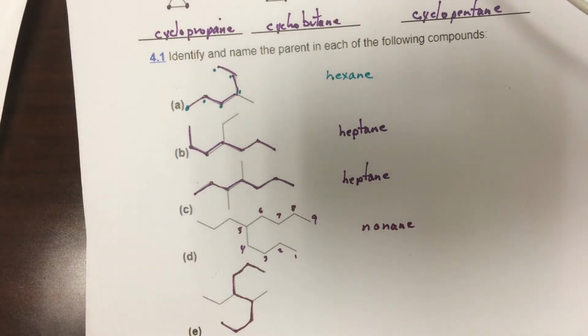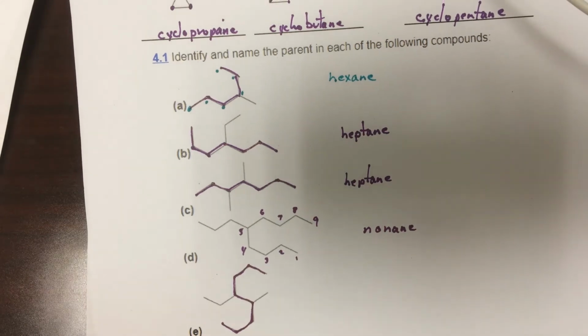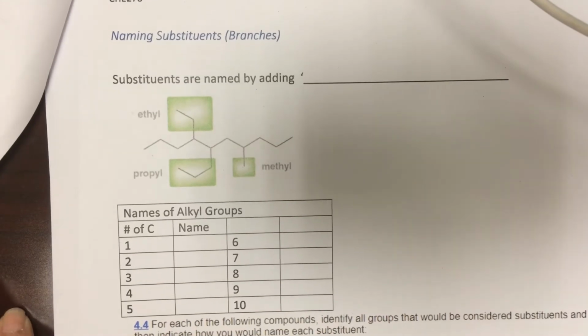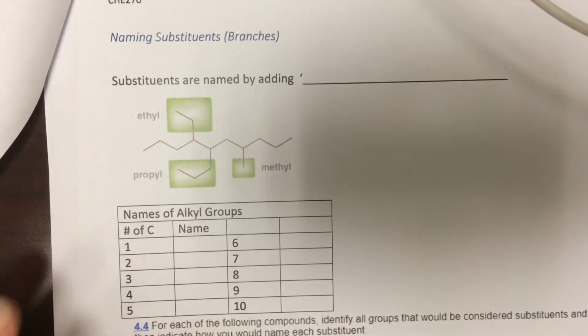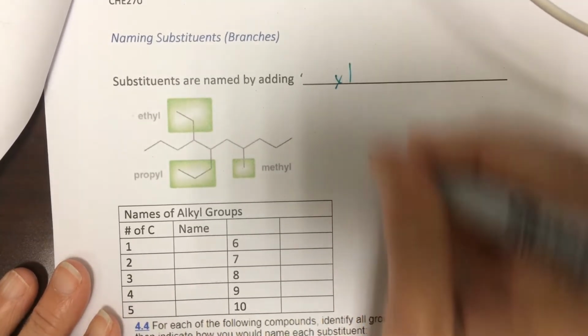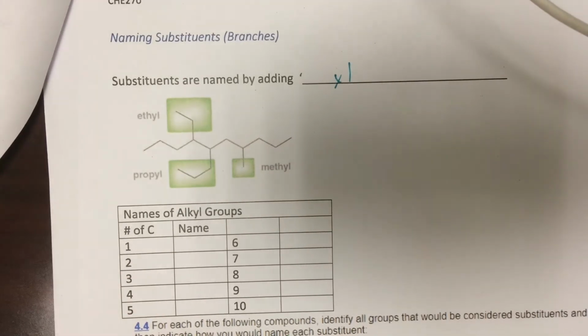Okay, so after we find the longest chain, we're going to have to name the branches or substituents. The branches or substituents are named by adding an yl to the parent name.